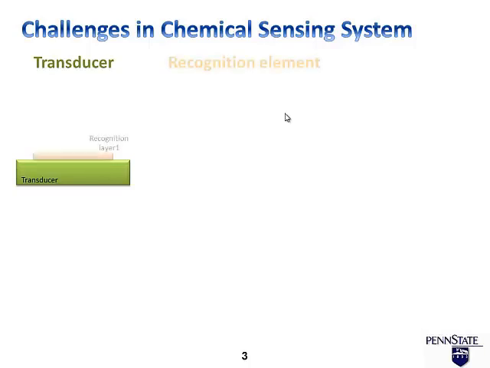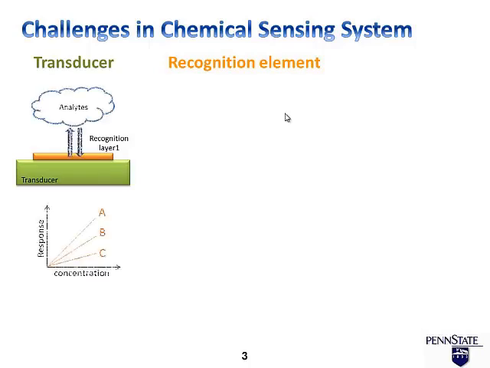So we need a chemical interface, also called a recognition element, which has the capability of selective interaction with analytes of interest and provides a unique response for a specific analyte.